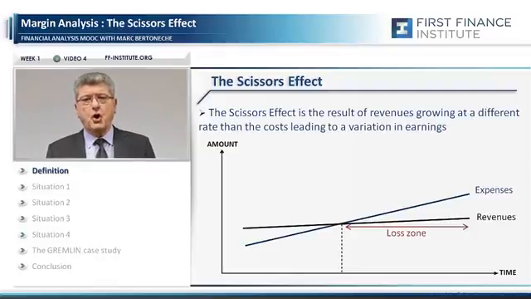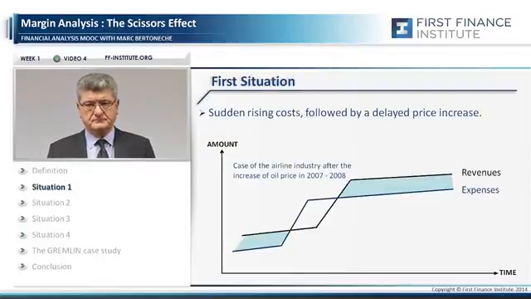Four situations occur in practice. Situation 1: a sudden increase in costs. For example, the increase in the oil price, when the barrel in the last 10 years went from $20 to more than $100, while in the short term, prices could not be increased.